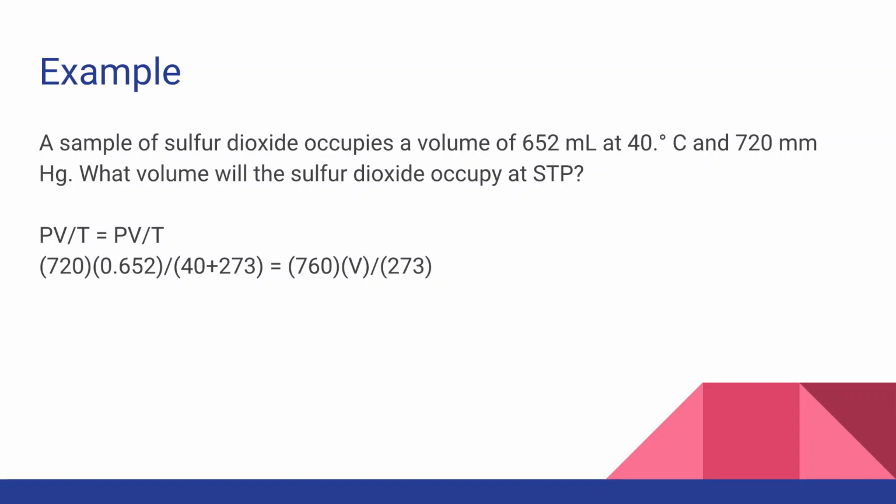And then the other half, the P2 times V2 over T2, that would be 760 mmHg, which is the STP for pressure, times our unknown volume, and then the temperature at STP, which would be 273 Kelvin. So we plug this in our calculator, we solve for V, and our V would equal 0.539 liters. So that means at STP, that sample of sulfur dioxide would occupy 0.539 liters.